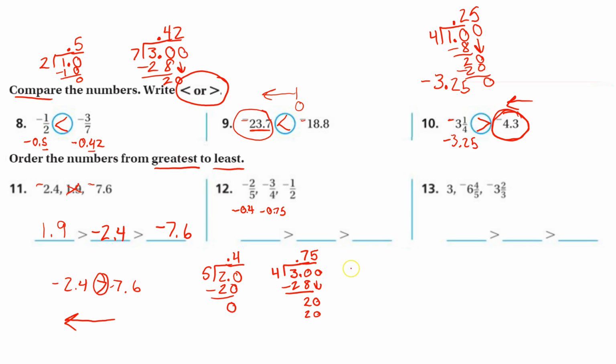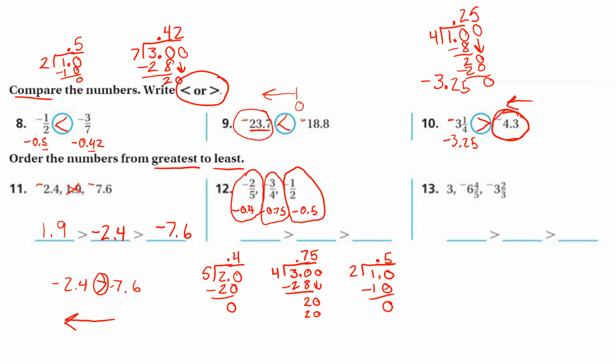And 2 into 1. 2 goes into 10 5 times. Subtract gives me 0, so this is going to be negative 0.5. Okay, so I have now all my fractions written as decimals. Negative 2/5 is negative 4/10. Negative 3/4 is negative 0.75 and negative 1/2 is negative 5/10.